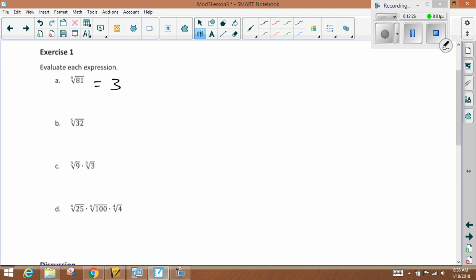And at this point in time, I would like to introduce our new property of exponents, which tells us that if I have some nth root of a to the m, that is going to be a to the m divided by n.